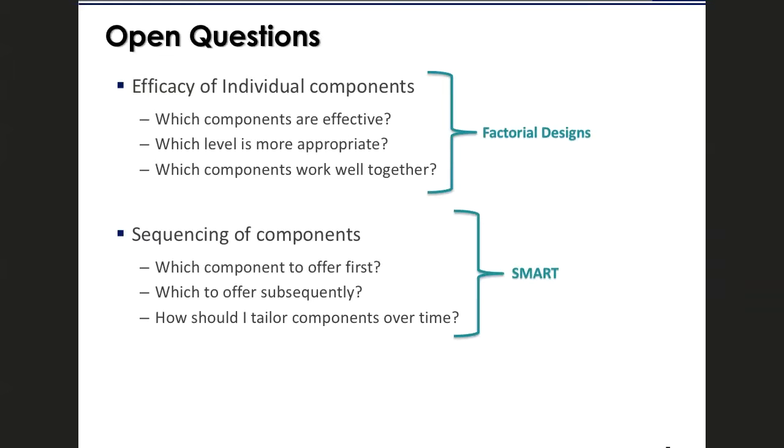They can help us efficiently screen multiple components and figure out which should be included in our intervention package and which should not. SMART designs are relatively novel. They were developed specifically to help us build high-quality adaptive interventions. They can help us figure out the best way to sequence and adapt our intervention components over time. So far, so good? It's just the intro.